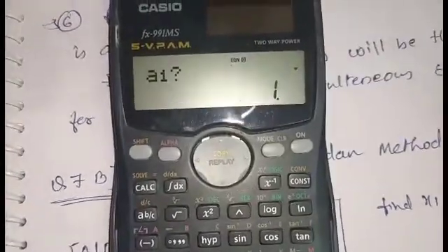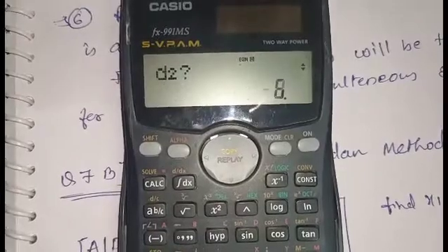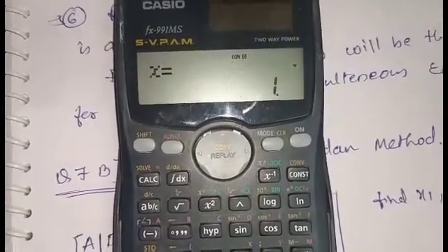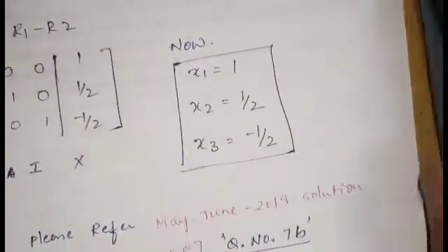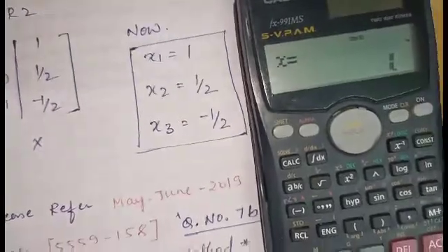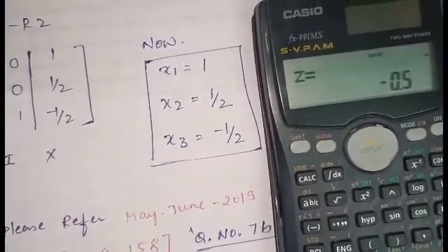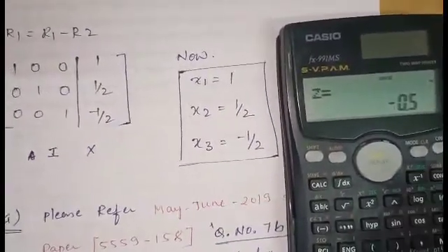So I have entered all the given values here, and your solutions are the same. Here the first value is 1, the second value is 0.5, that is 1 by 2, the third value is minus 0.5. So thank you.